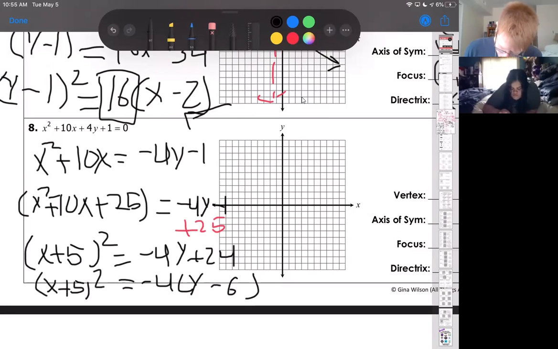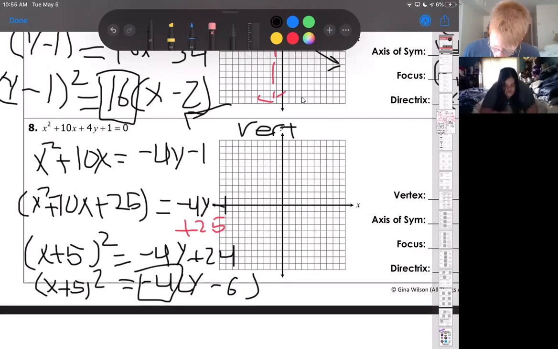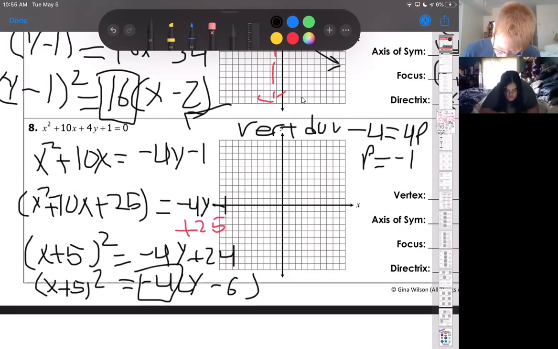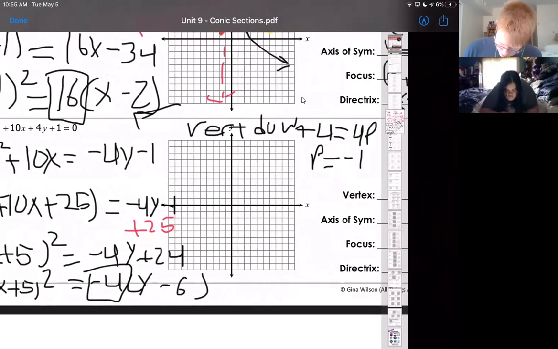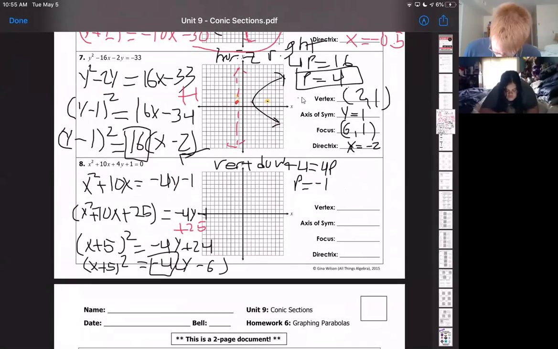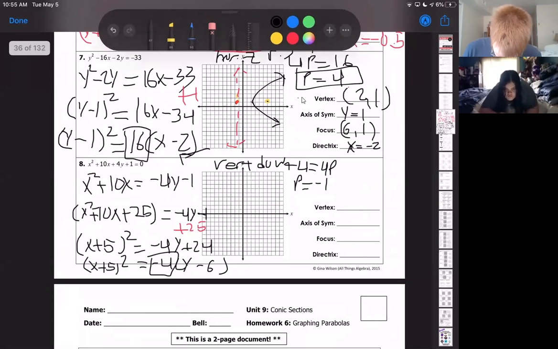So since our x part is squared, it's vertical. To get our p-value, we take that coefficient. In this problem, it's negative 4. So if you set that, you're going to get p as negative 1. Since it's negative, it opens down. So our vertex, the x part would be negative 5, our y part would be 6.